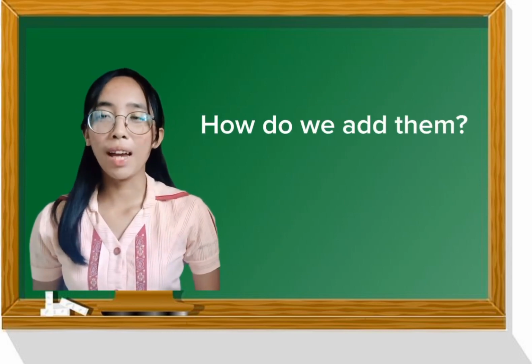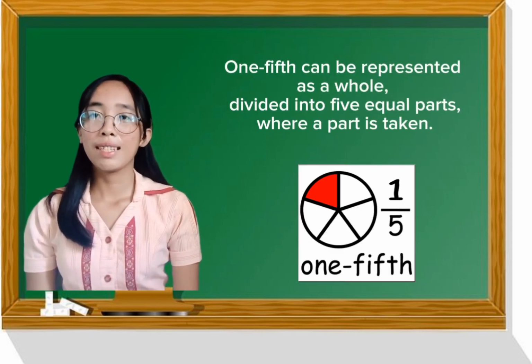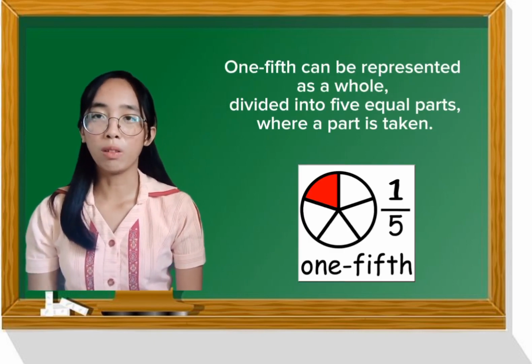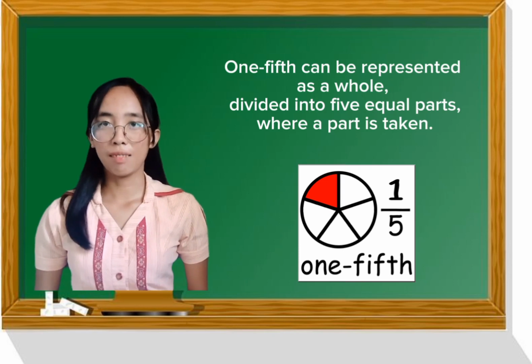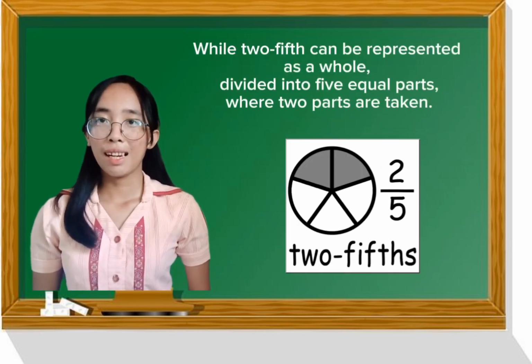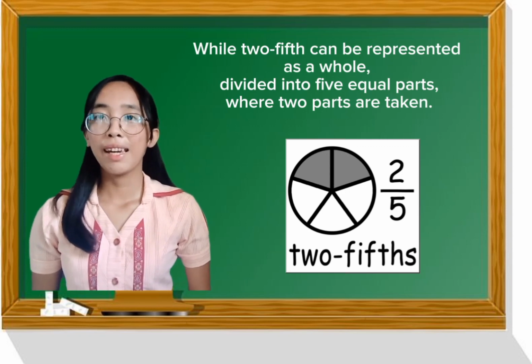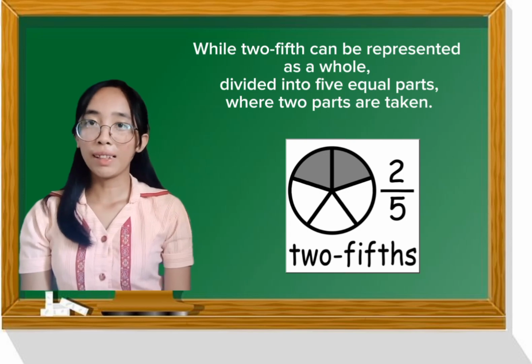Now, how do we add them? 1/5 can be represented as a whole divided into 5 equal parts, where 1 part is taken, while 2/5 can be represented as a whole divided into 5 equal parts, where 2 parts are taken.